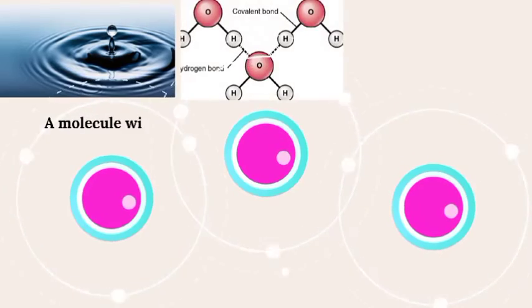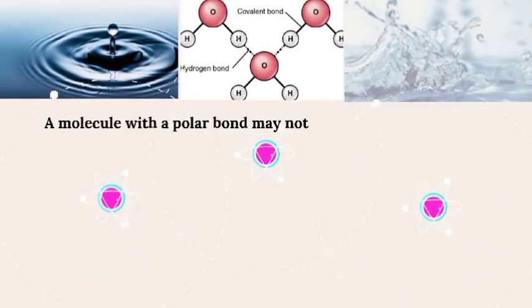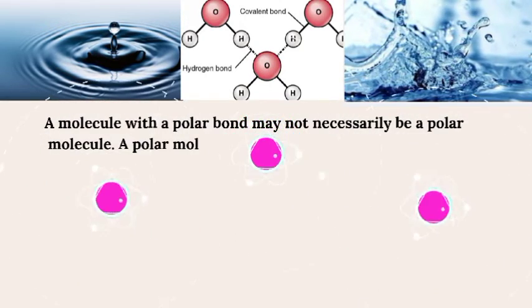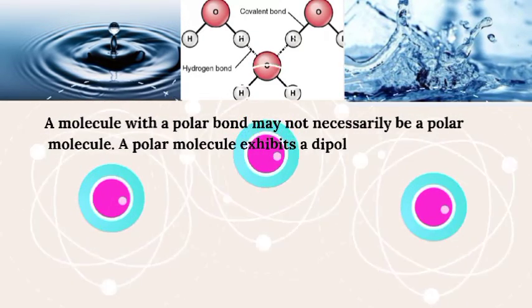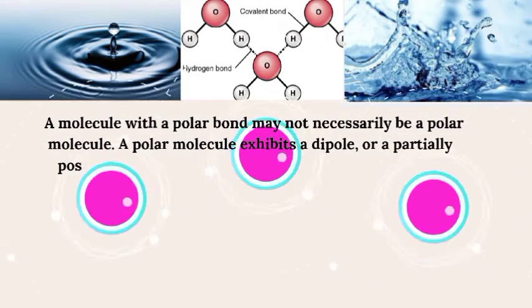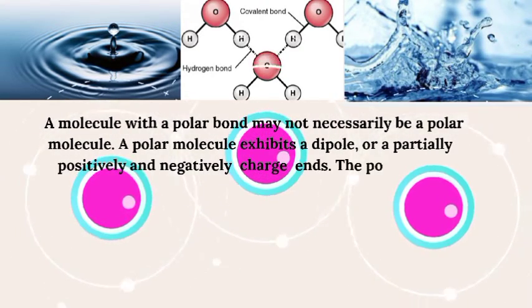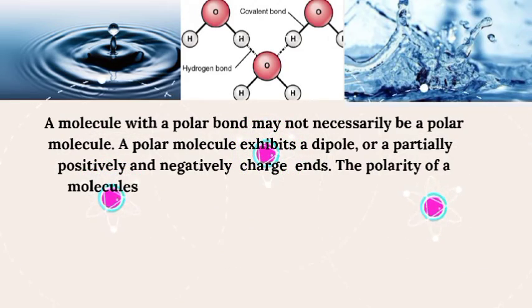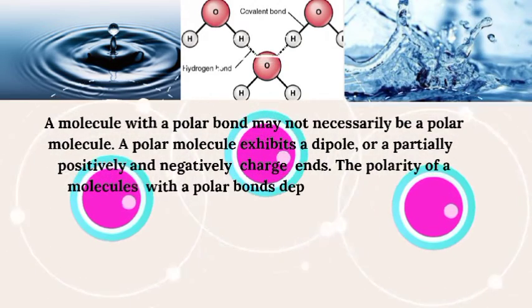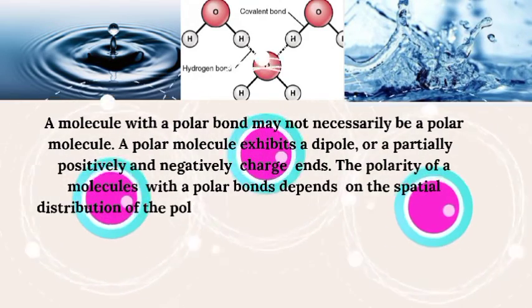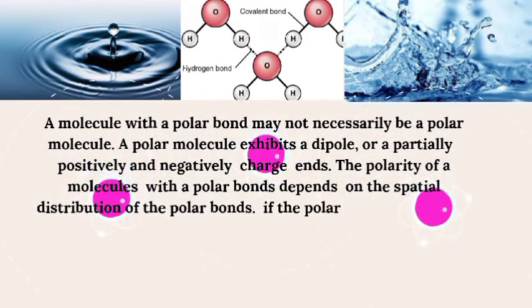A molecule with polar bonds may not necessarily be a polar molecule. A polar molecule exhibits a dipole, a partially positive charge and a partially negative charge. Hence, the polarity of a molecule with polar bonds depends on the spatial distribution of the polar bonds.